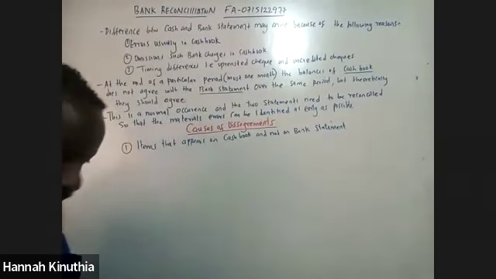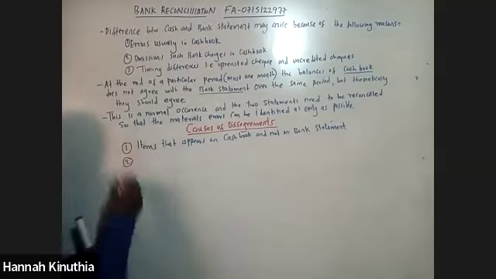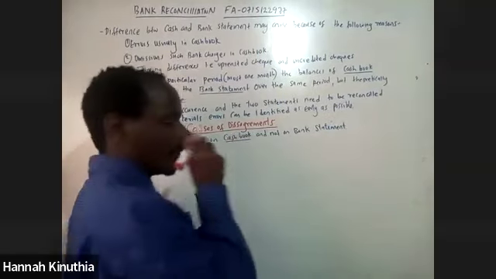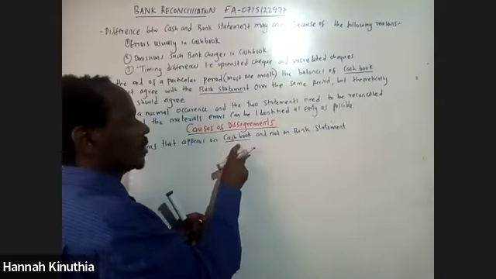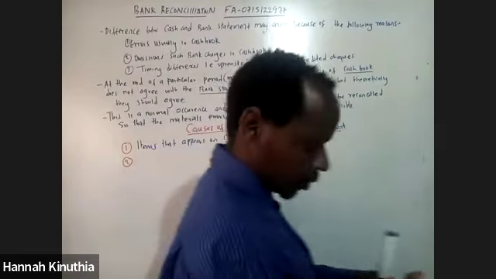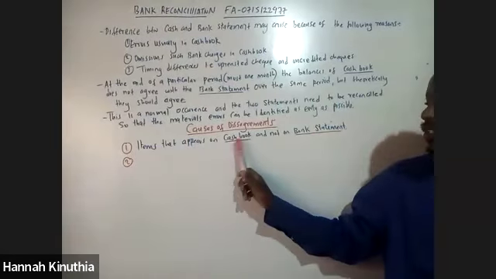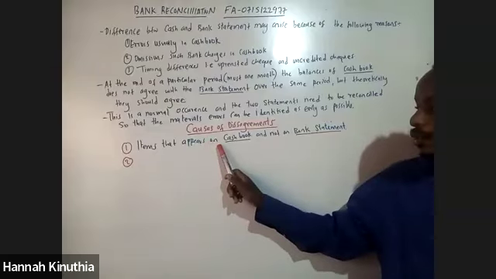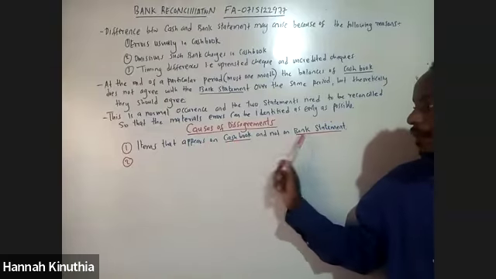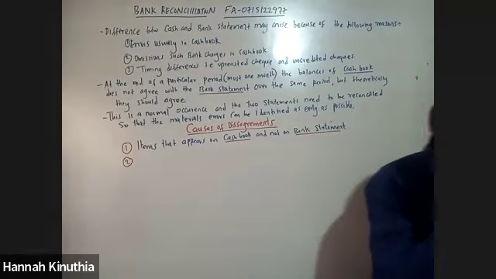We might find that some items appear on the cash book, but the same information is not on the bank statement. So you need to correct them so that they also appear in the bank statement.